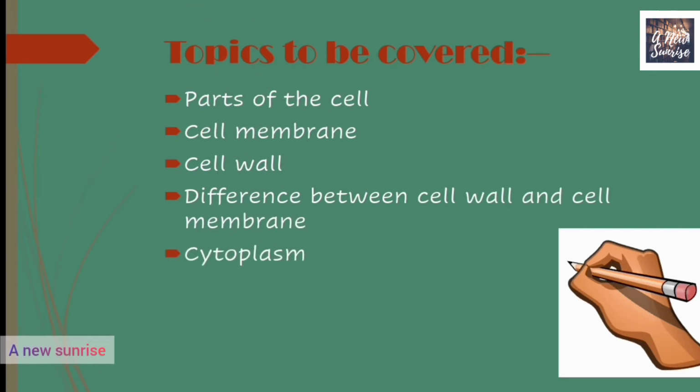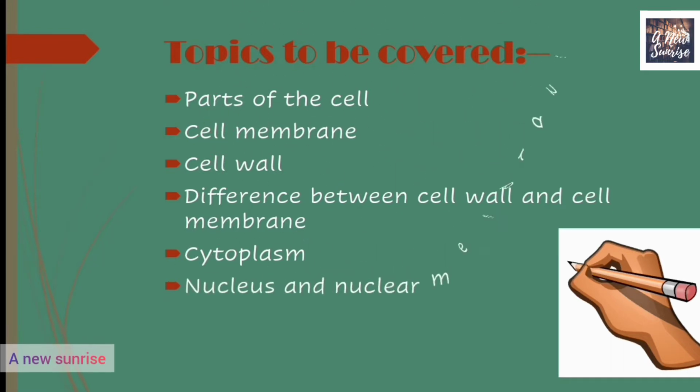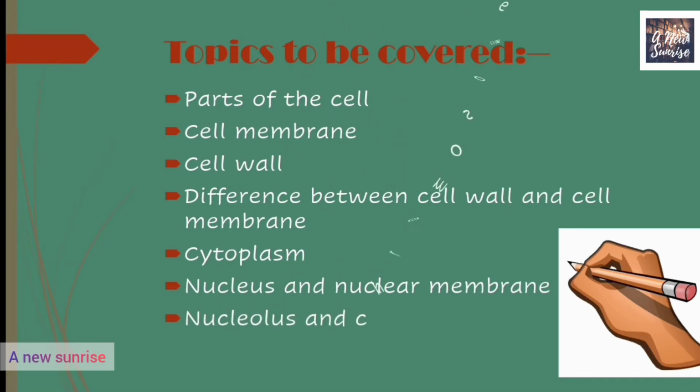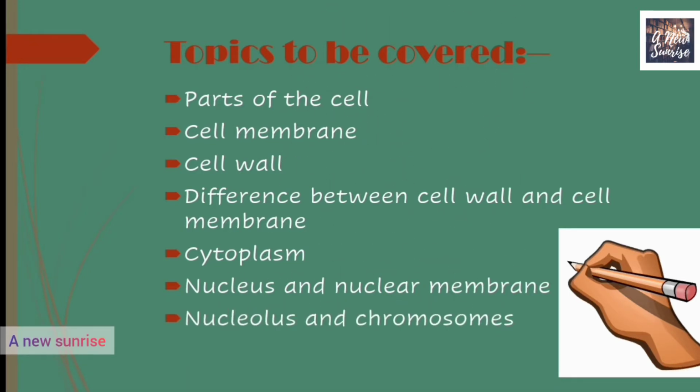Then we will learn about cytoplasm. Then we will look at nucleus and nuclear membrane. Then we will understand nucleolus and chromosomes. And at last we are going to study the gene. These are the topics that we are going to cover in this part 2 video.